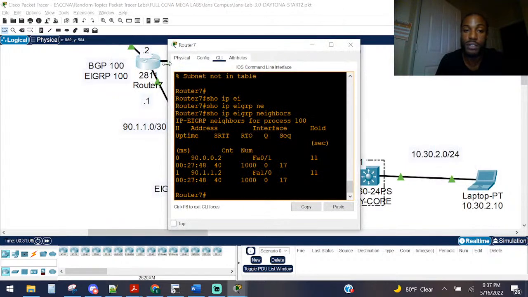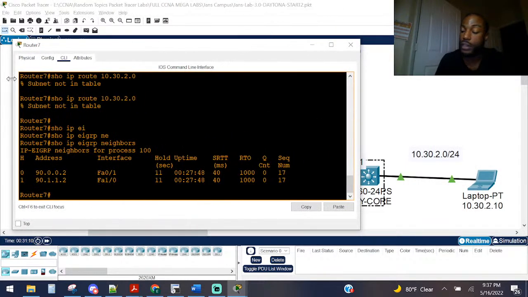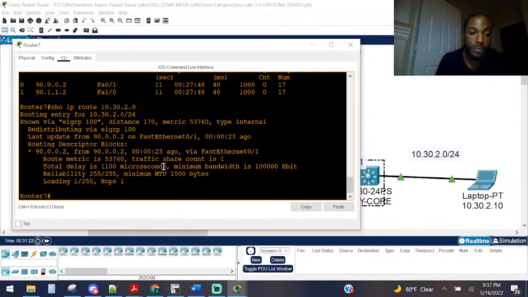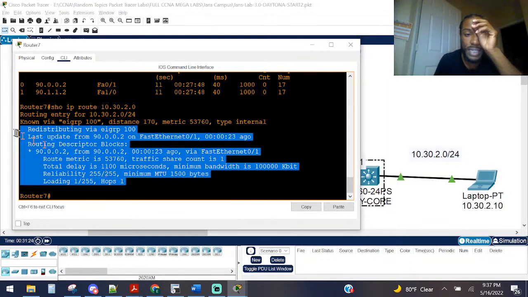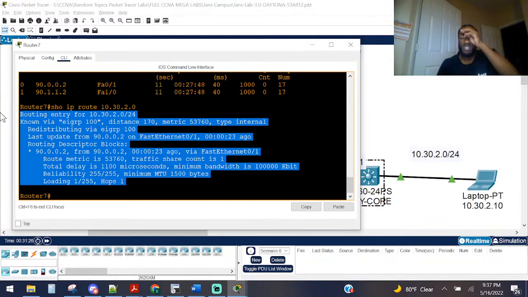Does he have a route to the 10.30.2.0 network? That's what I need too. So, what was that? 10.30.2.0. Now he got a route to that network, right?